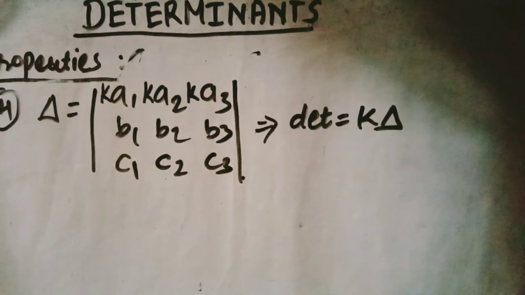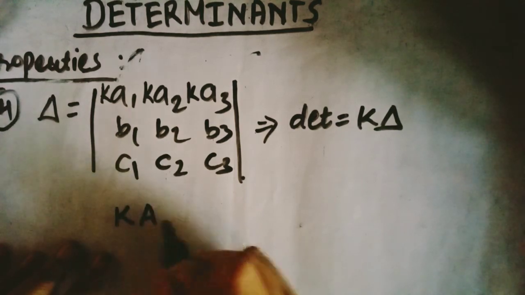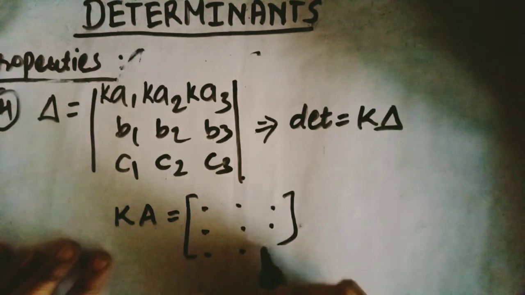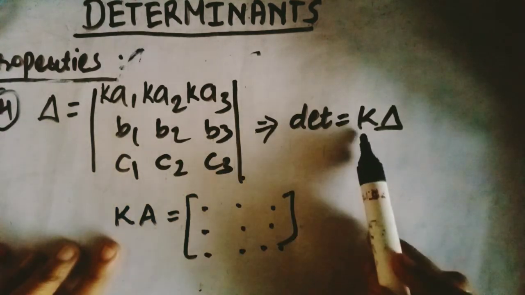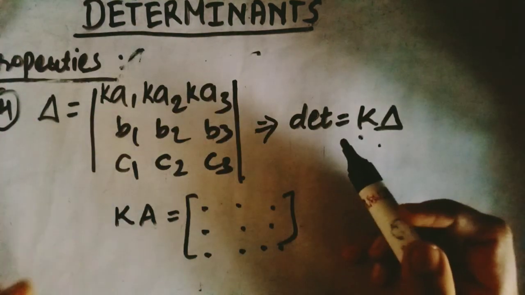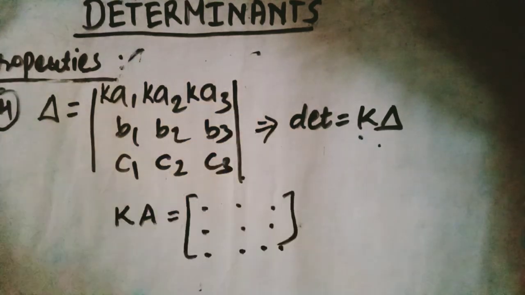So this is the difference between a matrix and a determinant. When you multiply a scalar to a matrix, it gets multiplied with all the elements, right? And when you multiply a scalar with a determinant, it gets multiplied with any one row or one column, only one row or only one column.